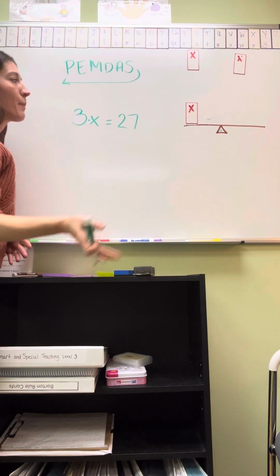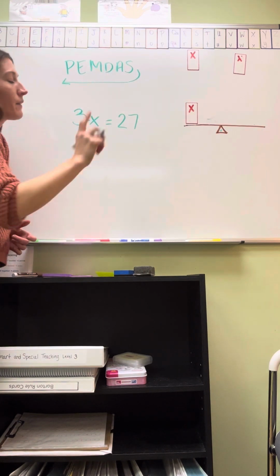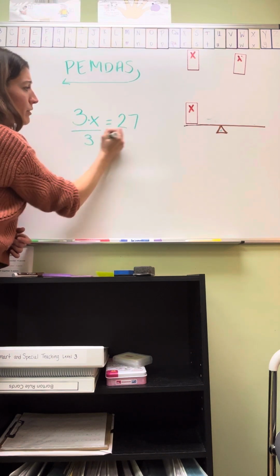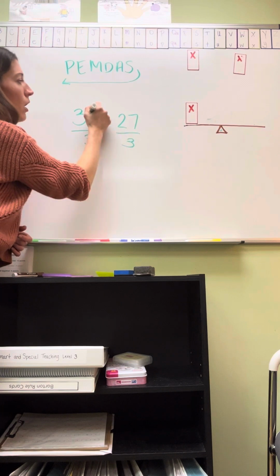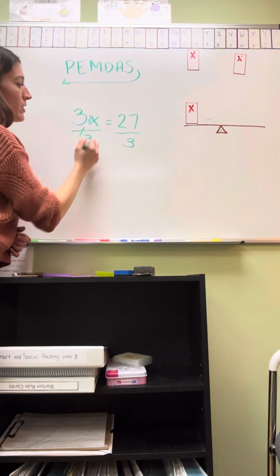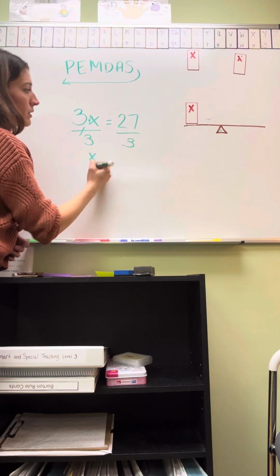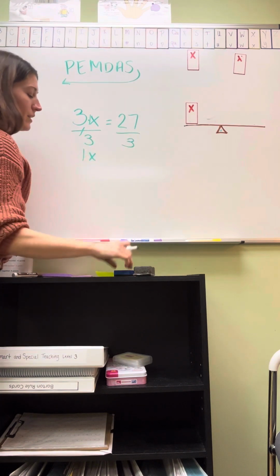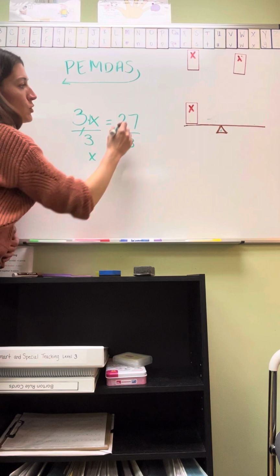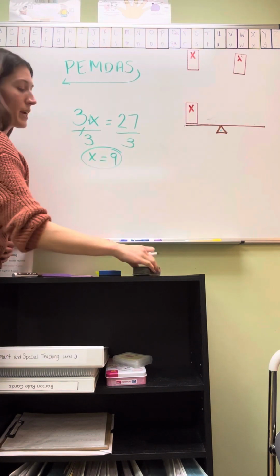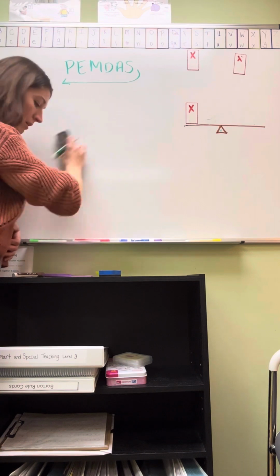Opposites, opposite, opposite. Division. The opposite of multiplication is division. So divide both sides by 3, and we're undoing this multiplication. 3 divided by 3 is 1. So we're just going to leave our x. We don't do 1x. That is just too much. 27 divided by 3 is 9. x equals 9.